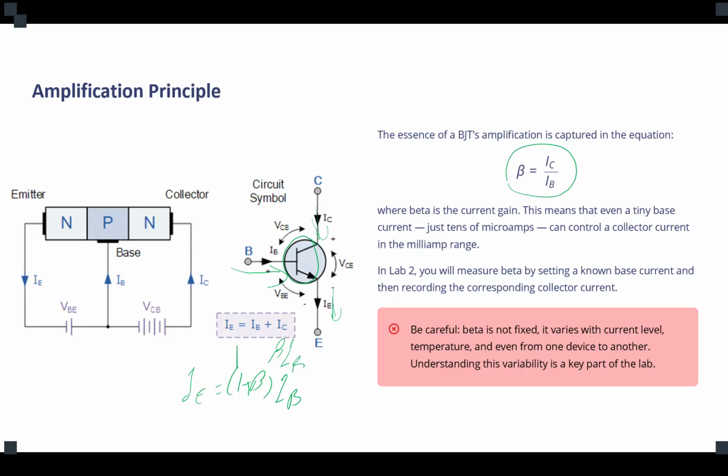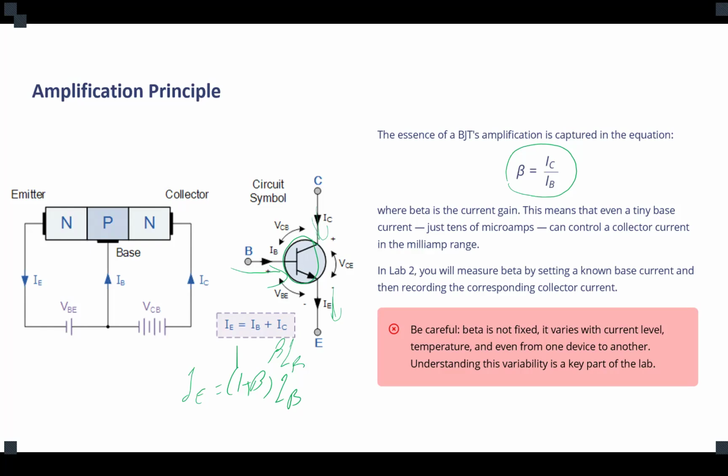Now, this 1 plus beta gets important when you want to design your circuit and define the resistors connected to your BJT, because those resistors work as part of the general gain of your amplifier.